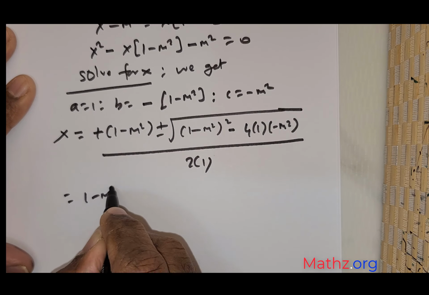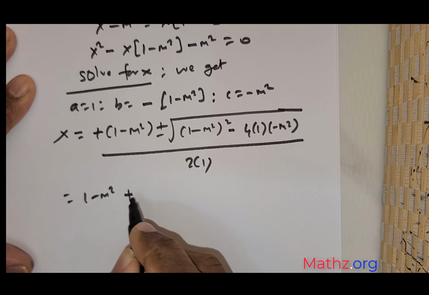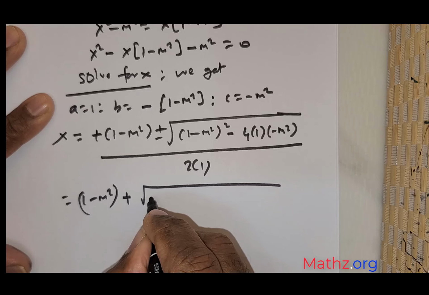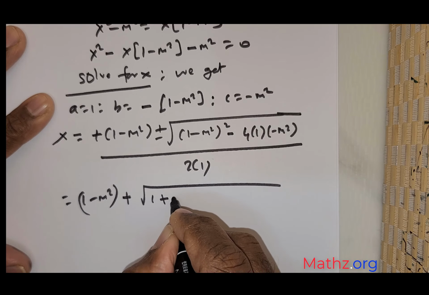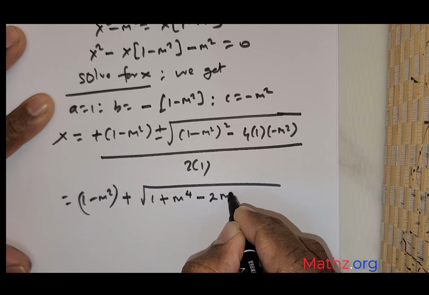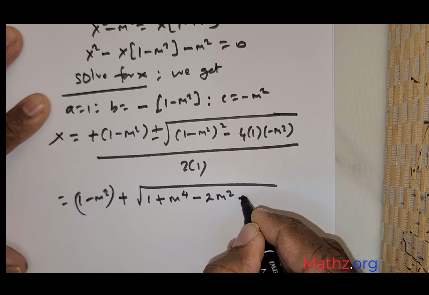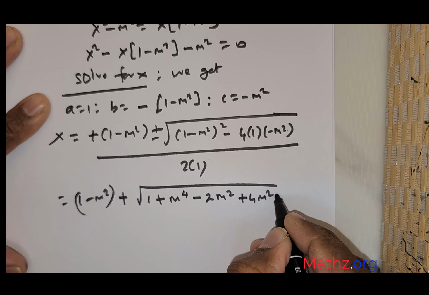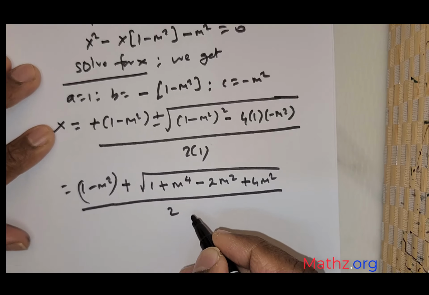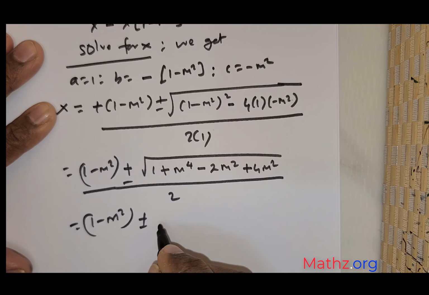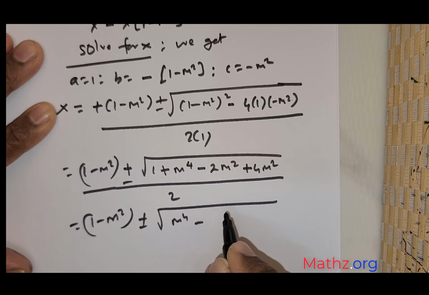So it's going to be 1 negative m squared plus or minus square root of, you expand this, you get 1 positive m raised to the power of 4 negative 2 times m squared, negative positive, so 4 times this is m squared, 4 times m squared divided by 2. So this would give me 1 negative m squared plus or minus square root of m raised to the power of 4.